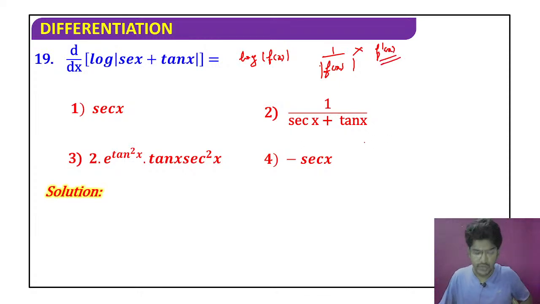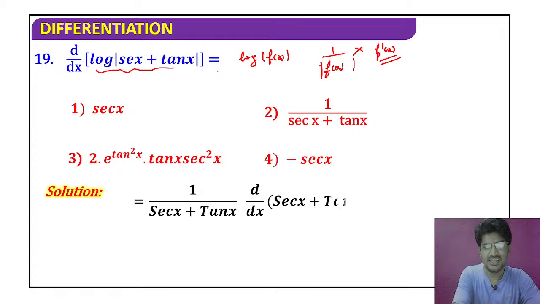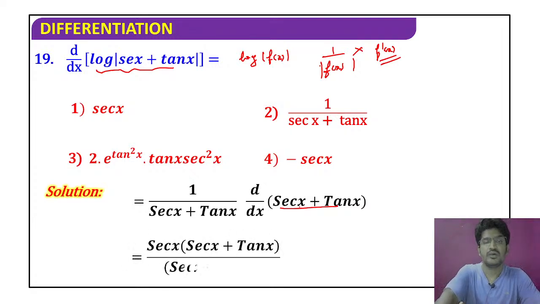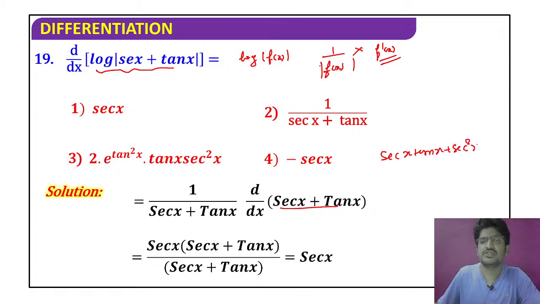You can just do it on your own, no problem, because the differentiation of log of mod of sec x plus tan x will be 1 by sec x plus tan x, right? And the differentiation of sec x plus tan x will be, sec x differentiation is sec x into tan x, and differentiation of tan x is secant squared x. This will be sec x into tan x plus secant squared x.